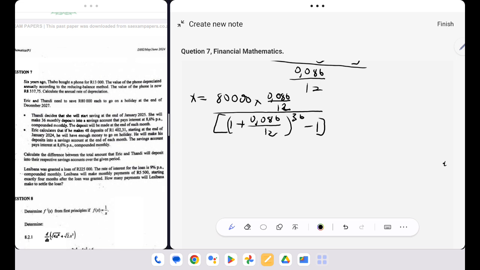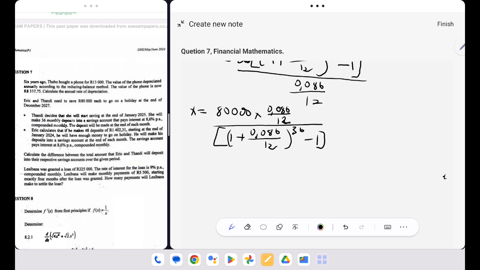Let me punch my calculator. 80,000 multiplied by 0.086 over 12, divide by 1 plus 0.086 over 12, all raised to the power 36, minus 1.